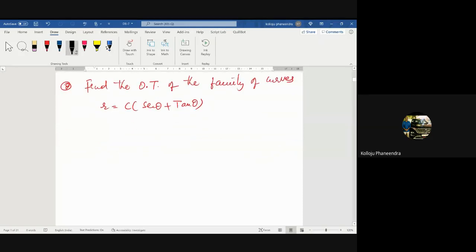Solution. First, what is the given curve? r equals c into secant theta plus tan theta.